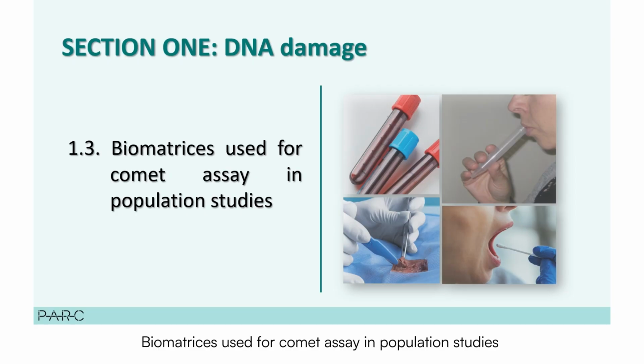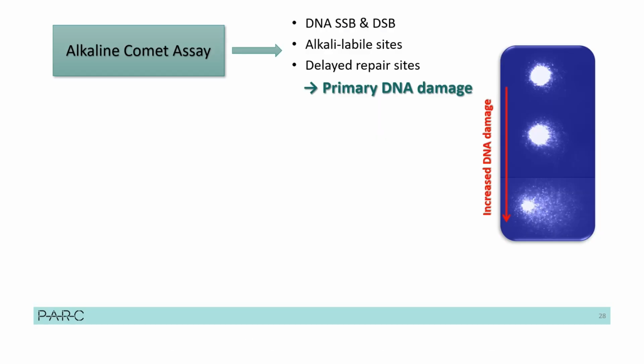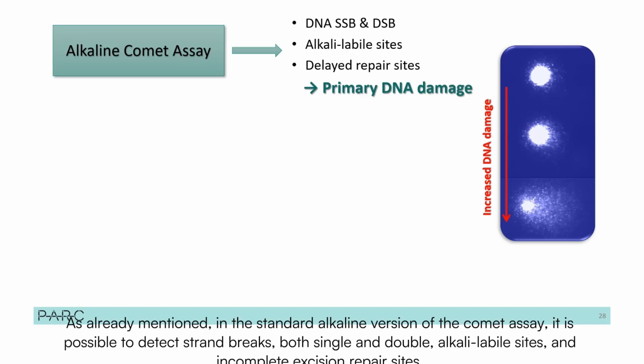Biomatrices used for COMET assay in population studies. As already mentioned, in the standard alkali version of the COMET assay, it is possible to detect strand breaks, both single and double, alkali labile sites, and incomplete excision repair sites.